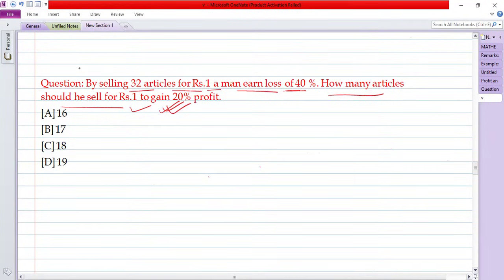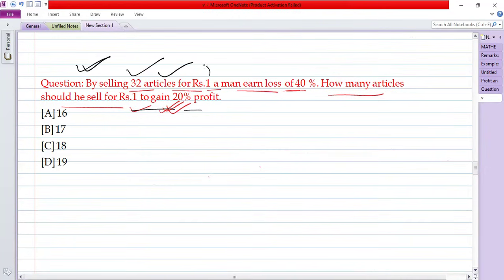Now, even this question is just similar to the previous type. So this question can be solved by the previous way of solving, and that is homework for you. But there is still a shorter method here, particularly for this question.